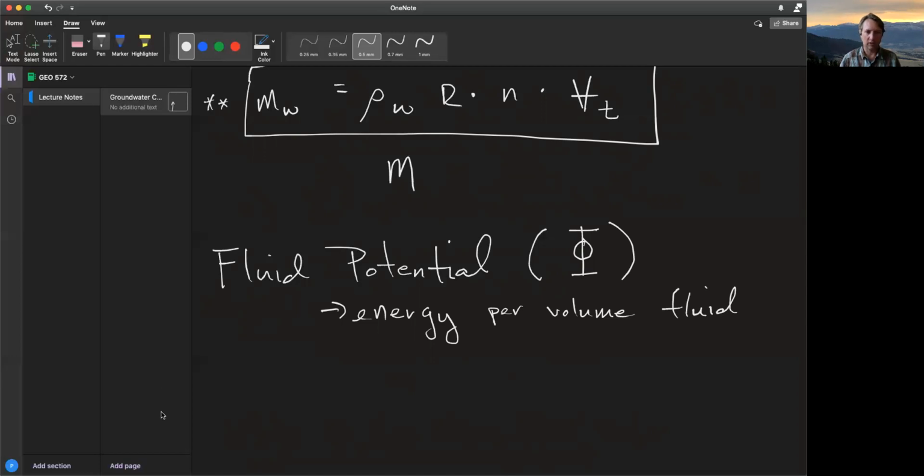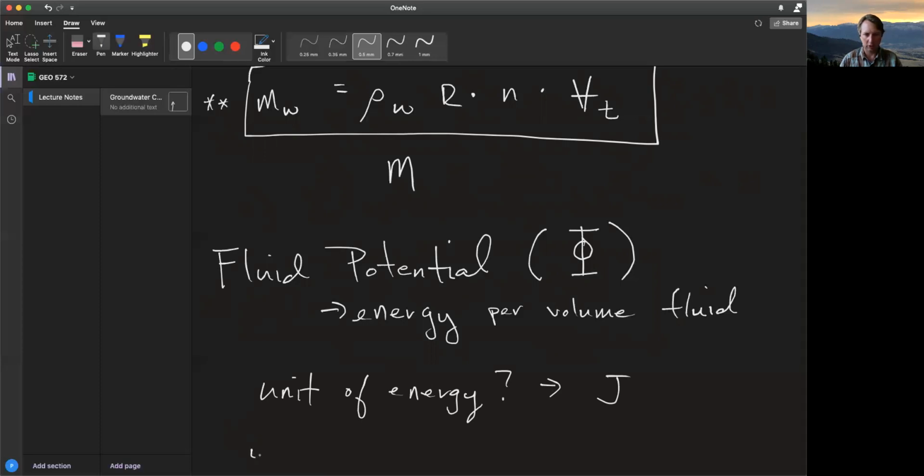All right, so let's just do some unit analysis. So the unit of energy is a joule. All right.